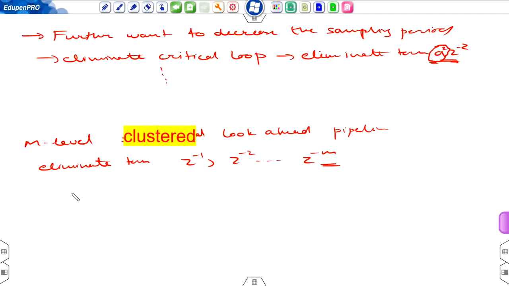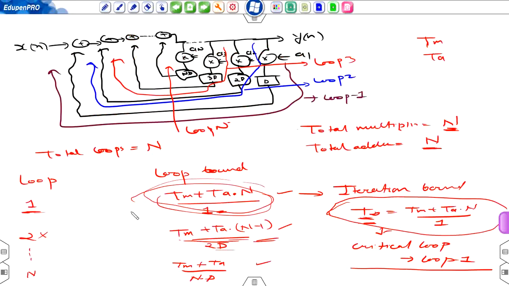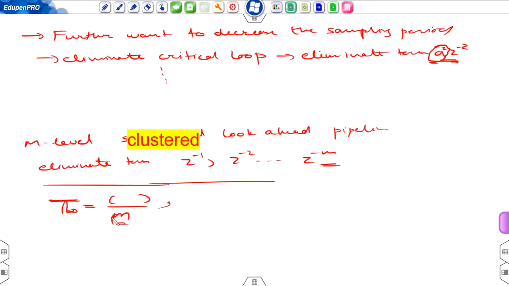Okay, so after doing this, the critical loop will have a loop bound, and that will be the iteration bound of the circuit, some factor in numerator divided by m. Okay, so here you can see that this has 2 in denominator, this has n in denominator, this will have m in denominator.